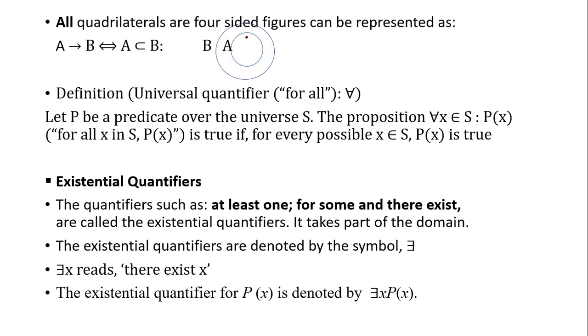Now, definition. Universal quantifier, for all. Let P be a predicate over the universe S. Then the proposition for all x belongs to S, P of x, means for all x in S, P of x.